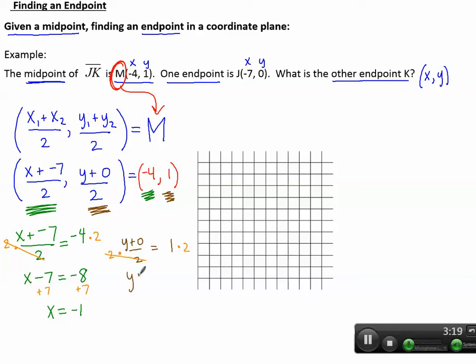And then y plus 0 equals 1 times 2 is 2. Y plus 0 is the same as just y. So y equals 2. And now I know that my missing point, K, the other endpoint, has the coordinates -1, 2. And there's my answer.